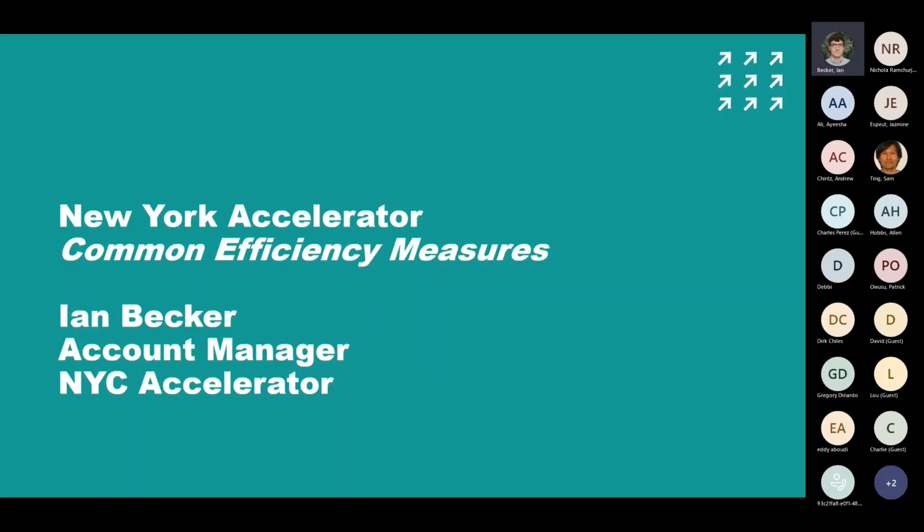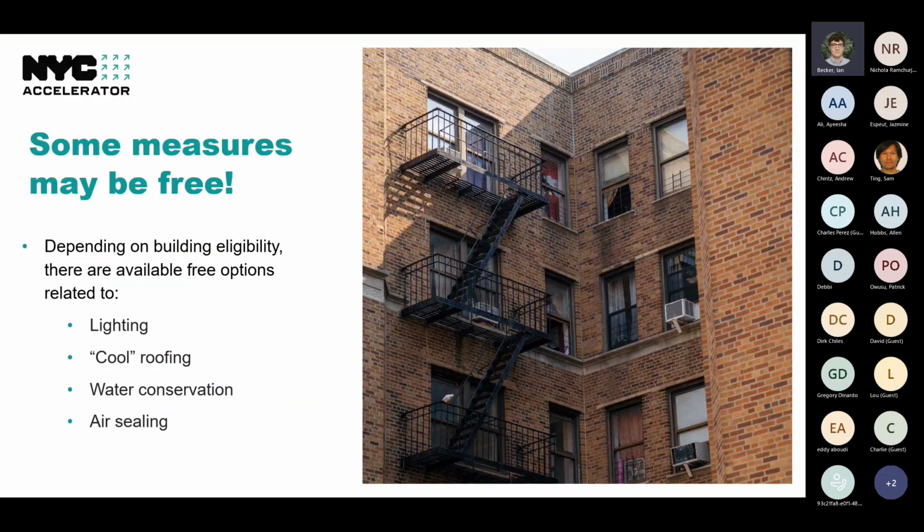Hi, everyone. So as you include some questions or comments in the chat, we'll have time at the end of the meeting to address those. For now, I'm just going to talk about some common efficiency measures that we see in multifamily buildings and efficiency measures that you might be interested in for your buildings. As we go over some of these efficiency measures, keep in mind that there are some measures that are completely free, depending on building eligibility.